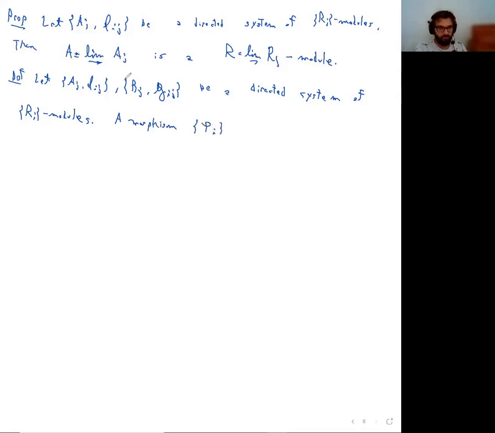So, okay, we have two directed systems of Ri modules. So here we have the same ring.